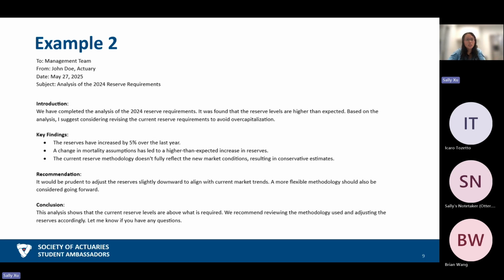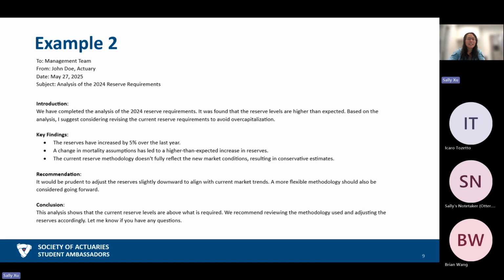Okay, the second section, the introduction. It just says we completed it. It was found that reserves were higher than expected. Then I suggest considering revising the reserve requirement to avoid overcapitalization. What's good about it is it talks about what is happening in this memo, but it jumps straight in without saying why this matters to management.